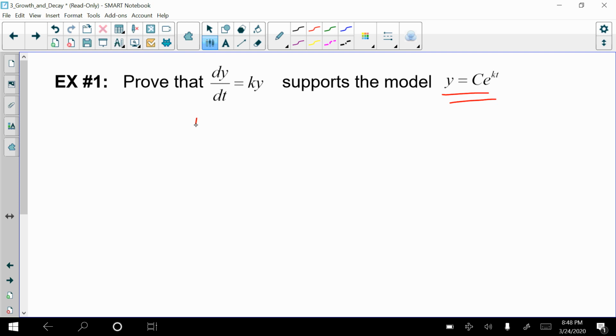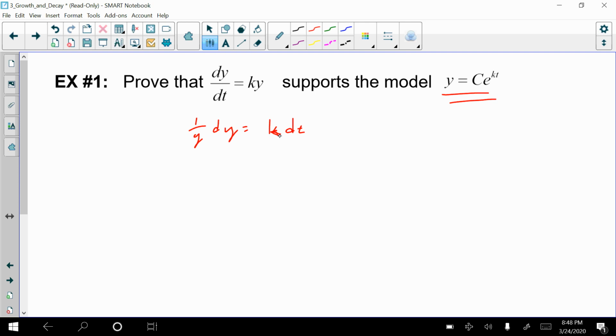So I'm going to get 1 over y times dy to be equal to, and multiplying both sides by dt, k times dt. So we've separated our variables by getting y on one side and t on the other side.